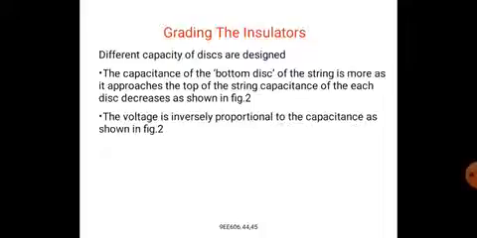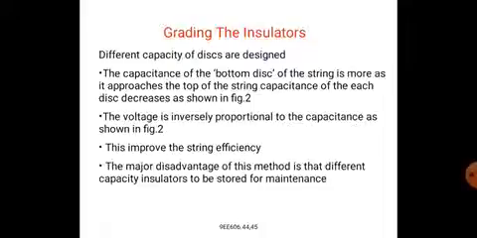The capacitance of the bottom disc of the string is more, and it decreases as it approaches the top of the string. The capacitance of each disc decreases, right? So the voltage is inversely proportional to the capacitance.